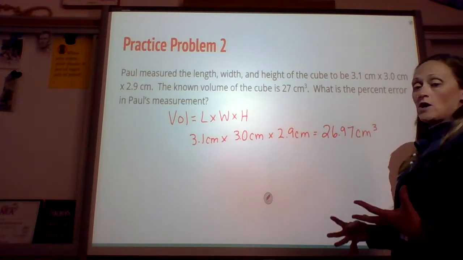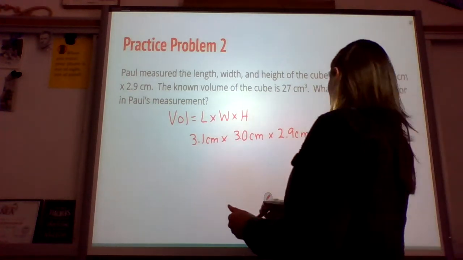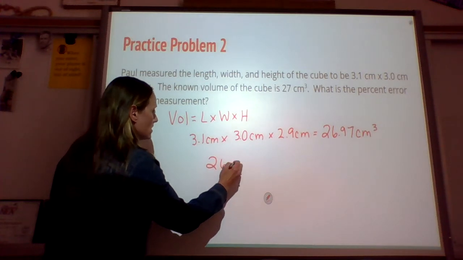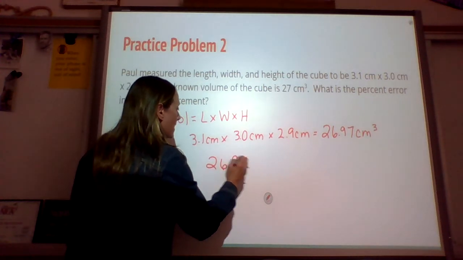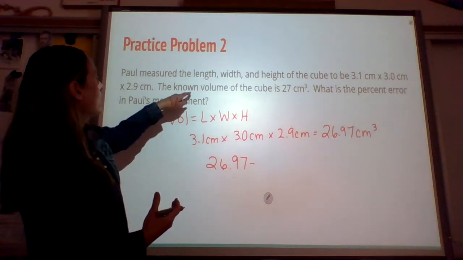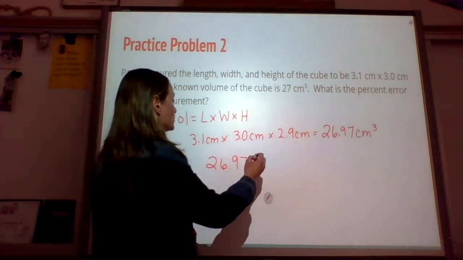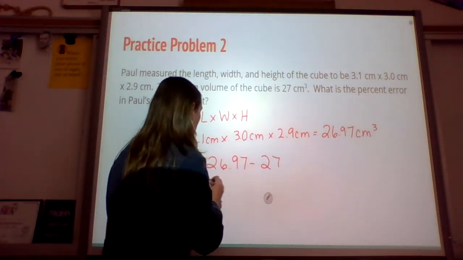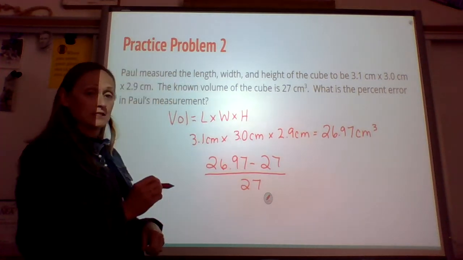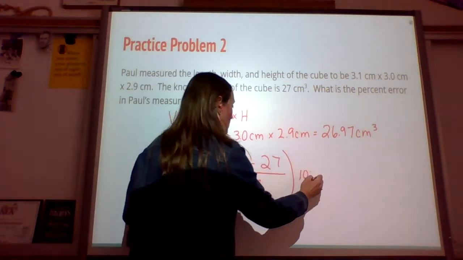So we know that Paul did the measuring, so that would be our measured value in our formula. So we're going to put 26.97 minus the known volume, which is your accepted value, which is 27, divided by 27, the accepted or known value, times 100.